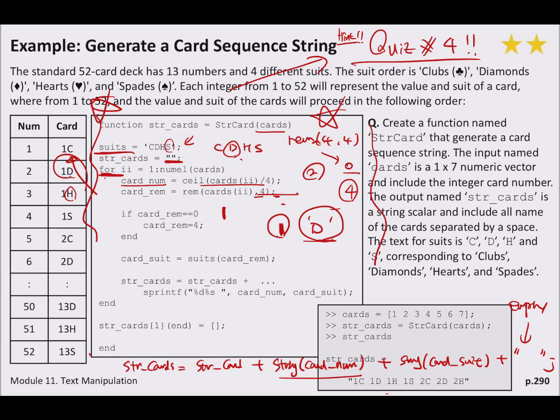This one gives us a number, so it converts your numeric value to a string value. If you do 1, it becomes a 1. This character is a character, right? If you convert the character to a string, you need to put the typecasting with string. So this becomes D. So 1D, empty space. Okay, you're replacing this with this part.